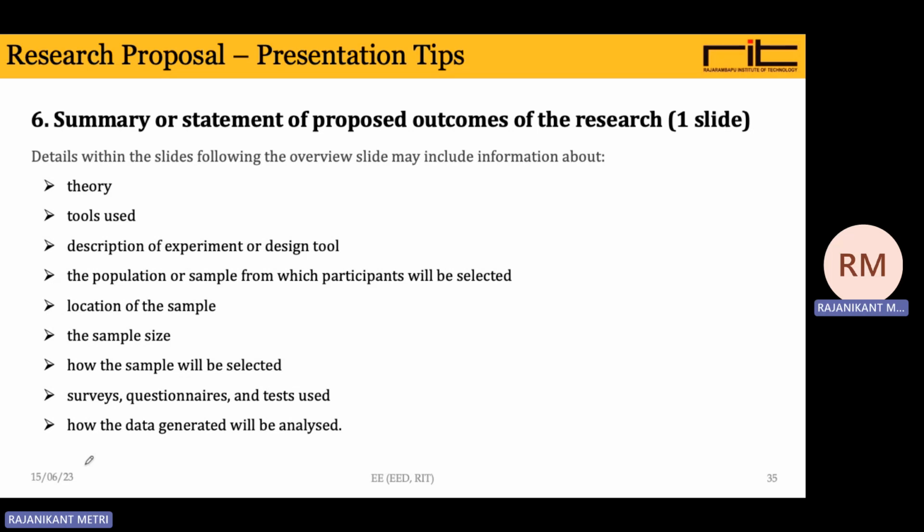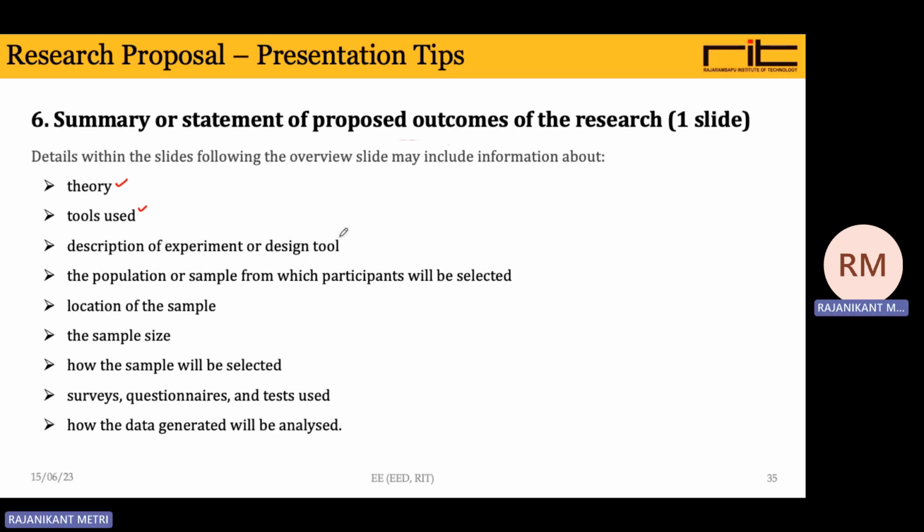Then lastly, a summary or statement of proposed outcomes of the research should be detailed within the slides following the overview slide. It may include information about what kind of theory the researcher is going to incorporate, which tools are used, and whether those are available, or if you want to purchase those things, one needs to mention.